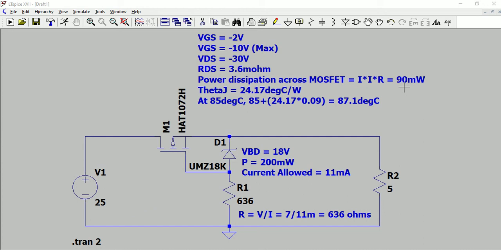The theta j we have considered is 24.17 degrees centigrade per watt. You can check the data sheet for the theta j.